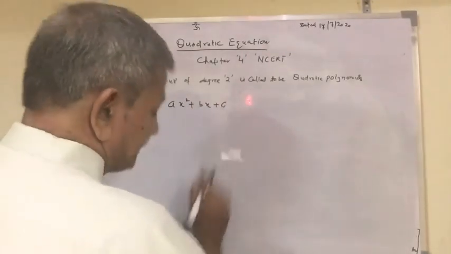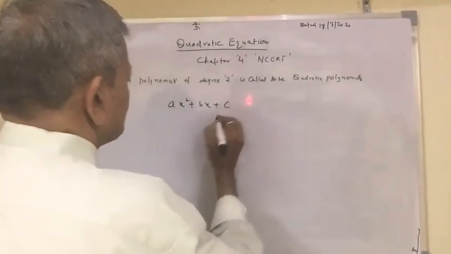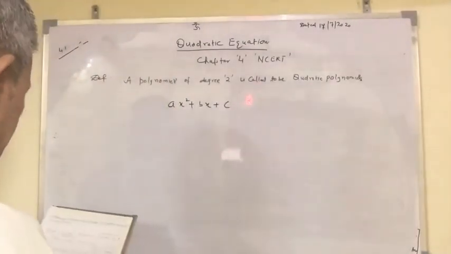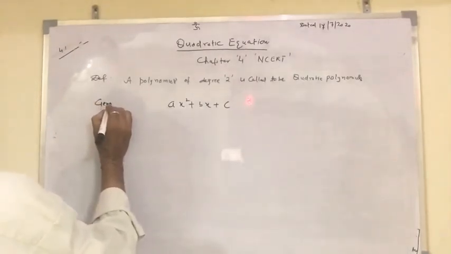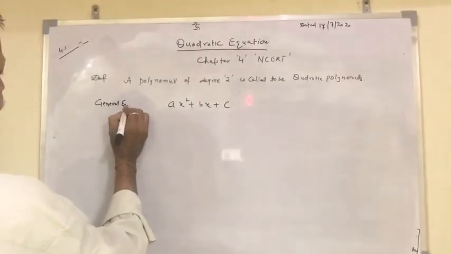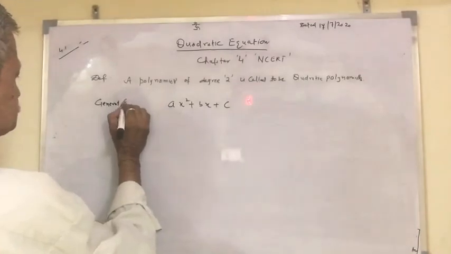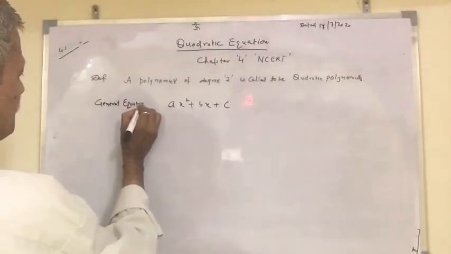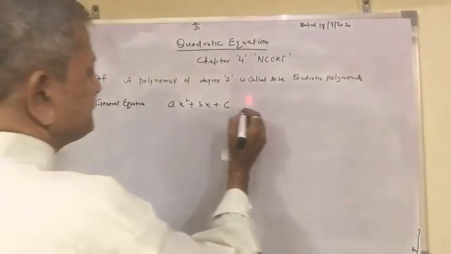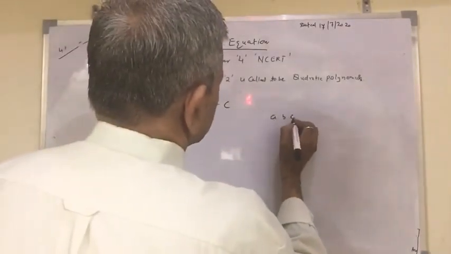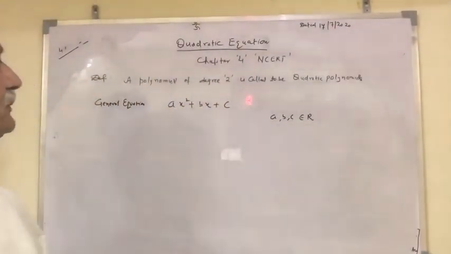In other words, this is the general equation of a quadratic polynomial, where a, b, c are real numbers, belonging to R, and x is a variable.